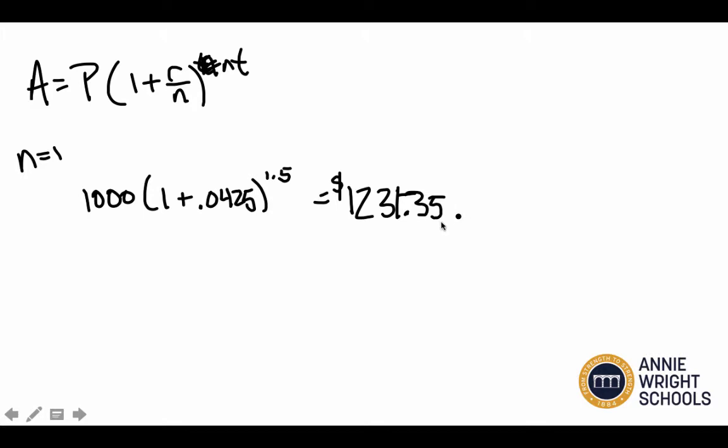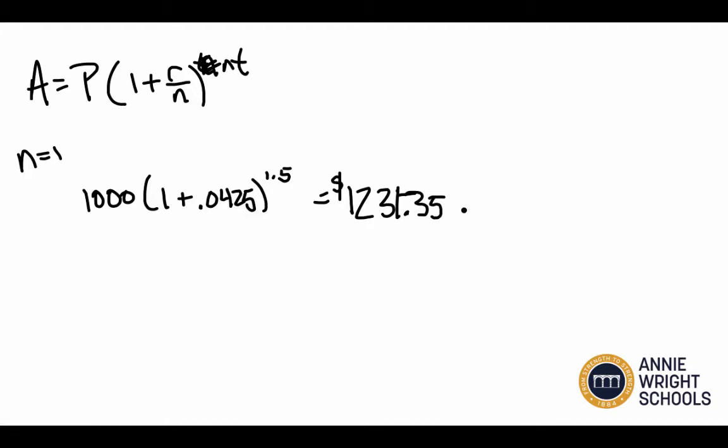Always round these problems to the hundredth place when we're talking about money. All right, so that's simple interest. After 5 years, you only have $231.35 earned in interest. Now, that's not bad for doing a whole bunch of nothing, right?